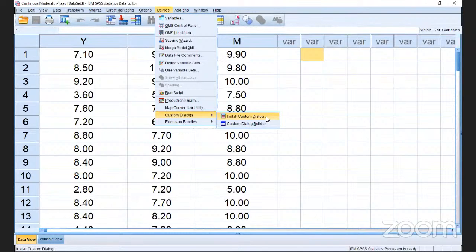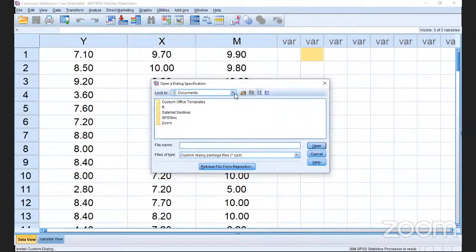After clicking it, we will open our folder. We kept our folder on desktop. So we will open the desktop, and then open the folder, and after opening the folder we will get one .spd file.